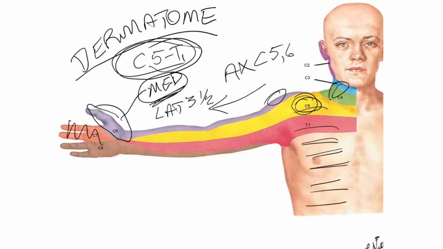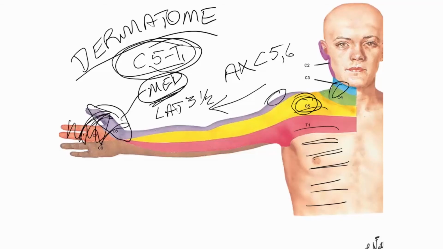So knowing the history of the particular injury, damage, trauma to the neck, a blow to the neck or whatever it happens to be, stretching those spinal segments can create a C6 injury versus a median nerve injury, let's say by a blow to the medial aspect of the arm or trauma in the cubital fossa. But that would affect a wider distribution, more than just a single spinal segment. Again, a very, very important concept.